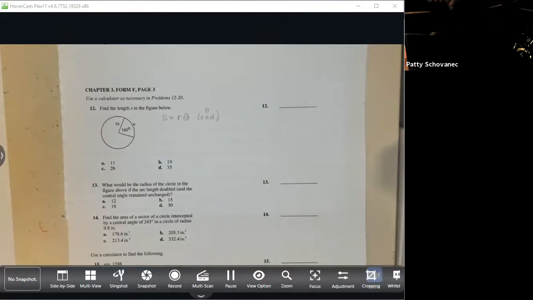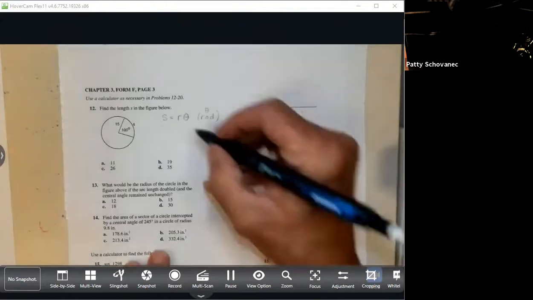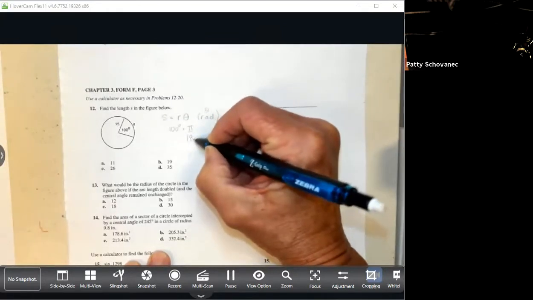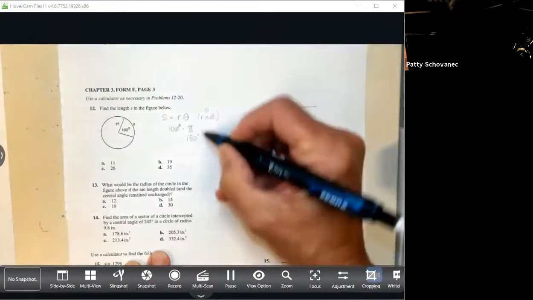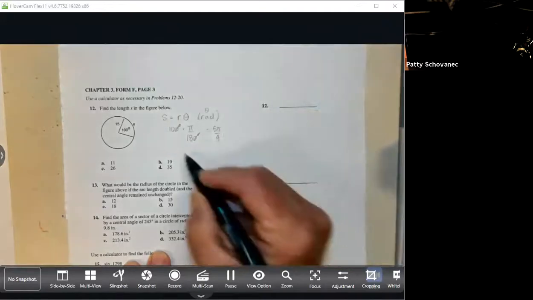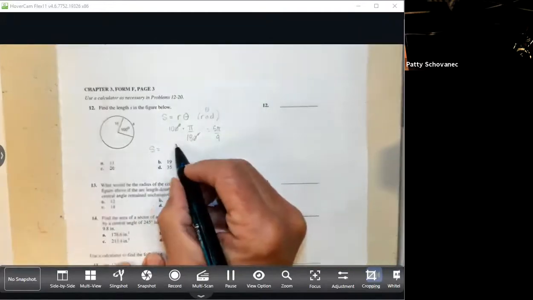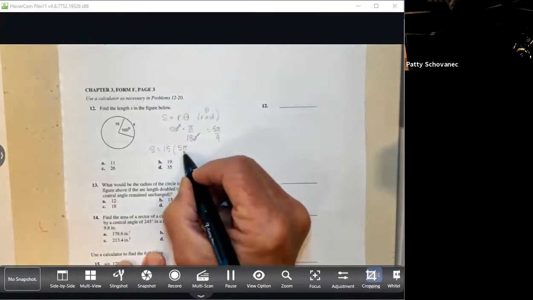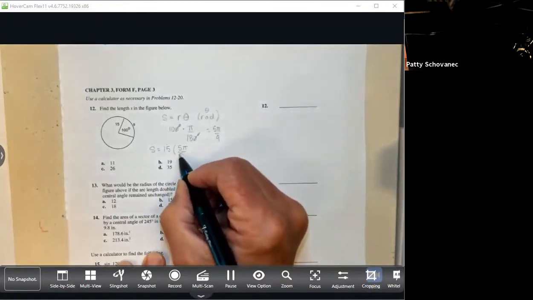So you can cancel the zeros, and that gives you 10 over 18 times pi. 10 and 18 are even, so how about 5 pi over 9? So S is r, which is 15, times 5 pi over 9.